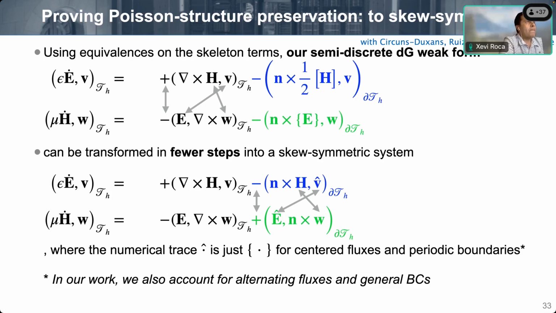Okay, but this DG form that we are proposing can be transformed in fewer steps than a standard DG into a skew-symmetric system.